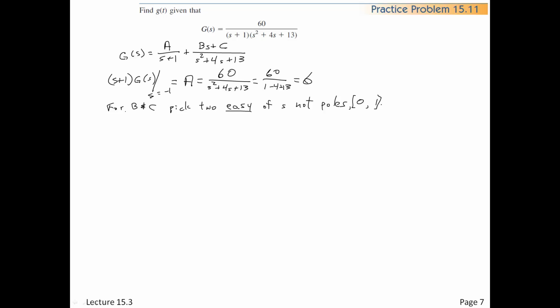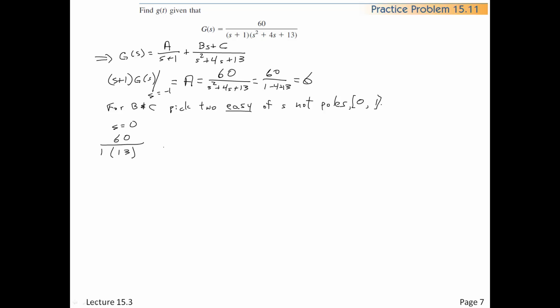So for s equals 0, what do we get? Plug this in, we'll get G of s. So now I'm back to this formula right here. And I'm just going to plug in s equals 0. So that'll be 60 over (s plus 1) is 1 times s squared 0, 4s 0, 13.